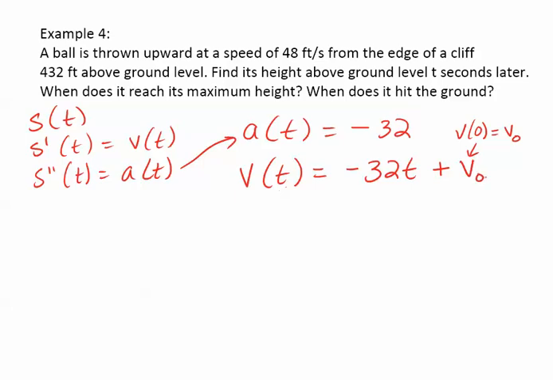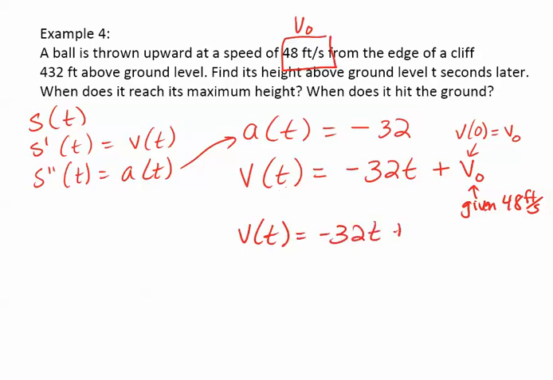And the reason that's important is because that was given in the problem. The initial velocity is the velocity with which the ball was thrown upward. So this is actually given in the problem to be 48 feet per second. So now we've got our velocity curve. Negative 32t plus 48.